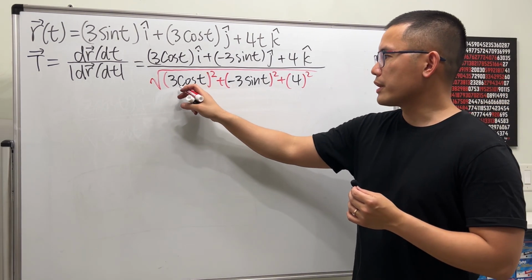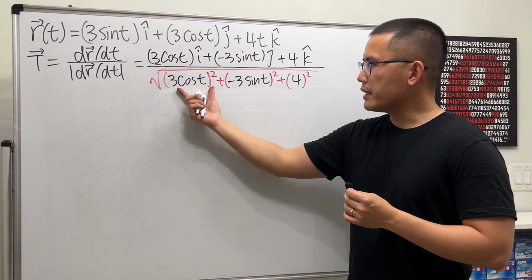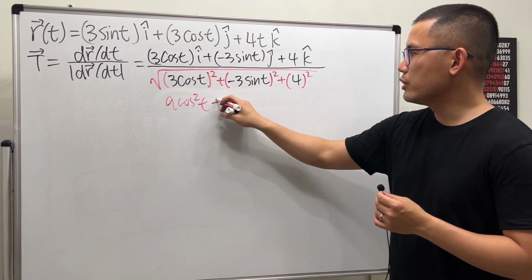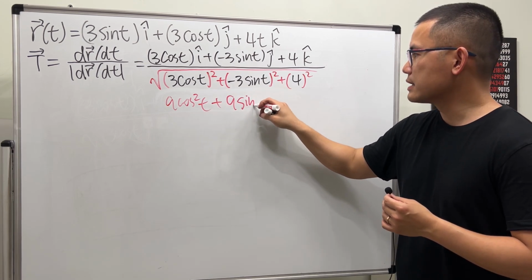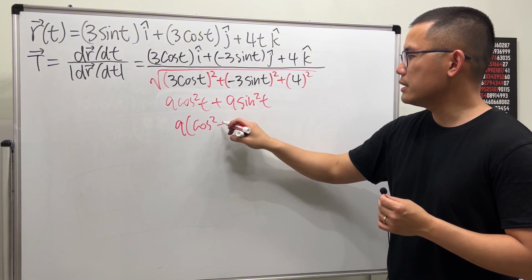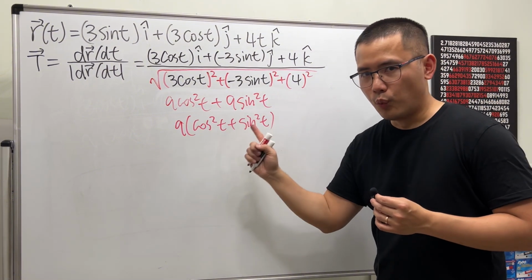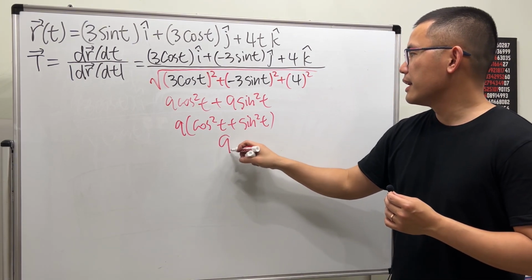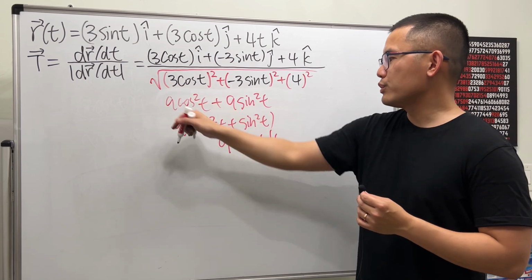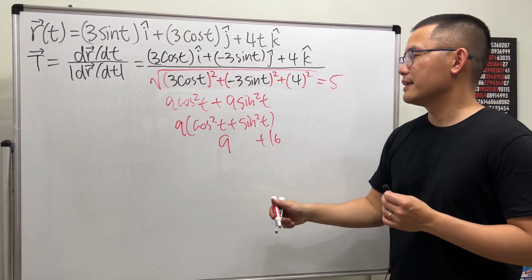And then for this right here, of course, we can just use 4. Now, this right here is just 9 cosine squared t, and this is also going to give us 9 sine squared t. We can factor out the 9, and then we get cosine squared plus sine squared, which is our good friend 1. So this right here is just 9, plus 16. So we have the square root of 25, so the denominator is just 5.